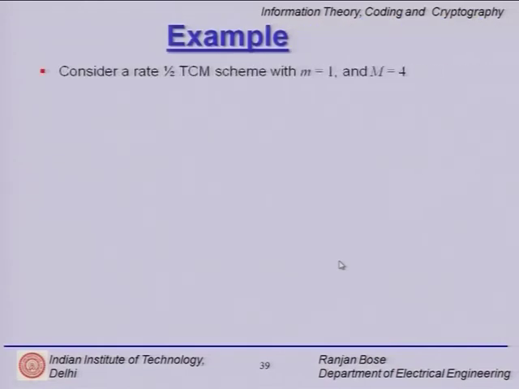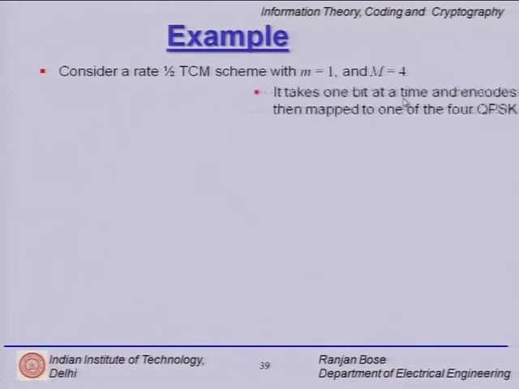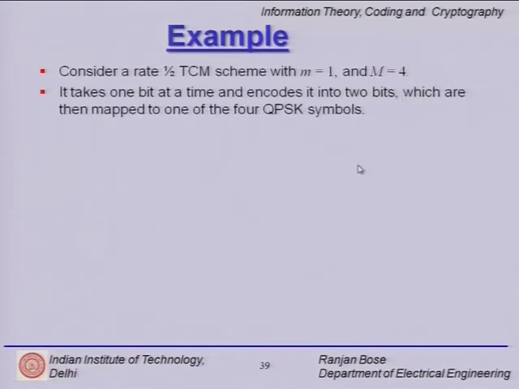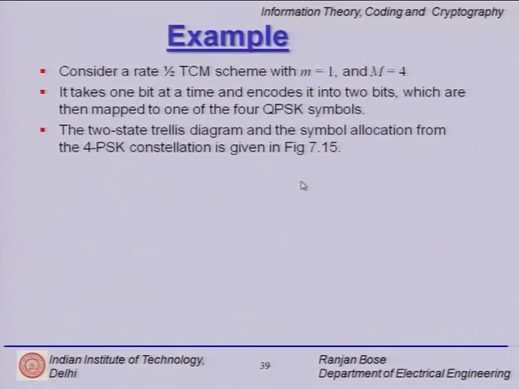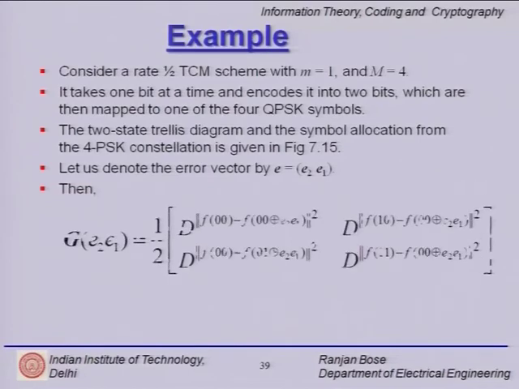So, let us quickly go through an example to see how this works. We have a rate 1 by 2, m equal to 1, m over m plus 1 TCM scheme, and capital M equal to 4. It takes 1 bit, converts it into 2 bits, and 2 bits require a QPSK to be used. Now, the 2 state trellis diagram we will just show, and the error vector E will be as follows.